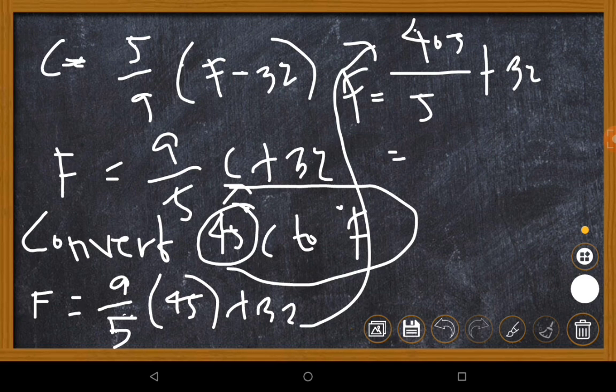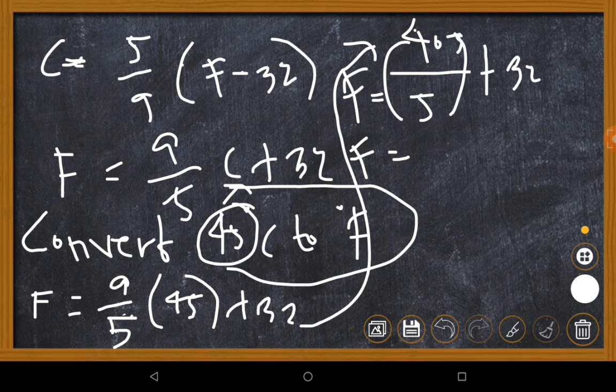Simplifying, by using the order of operations, we first execute the parentheses, then exponents, then multiplication, then division.